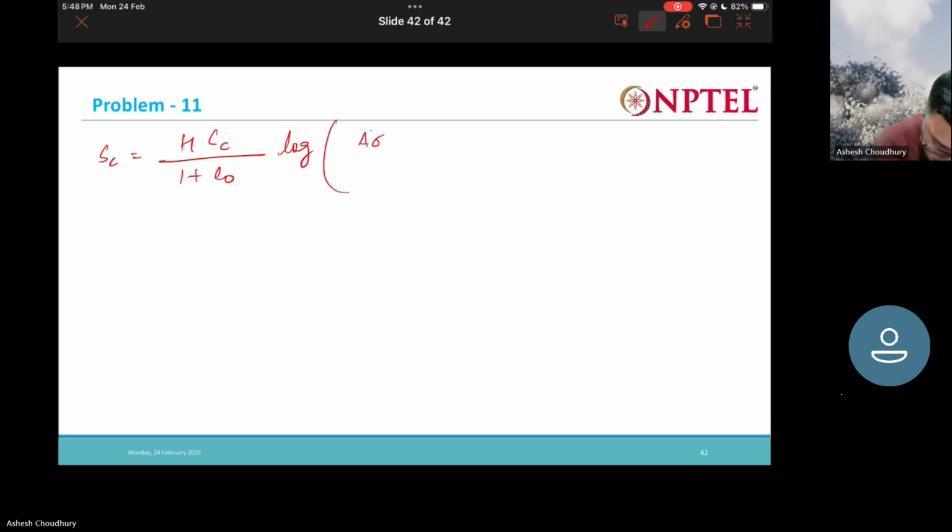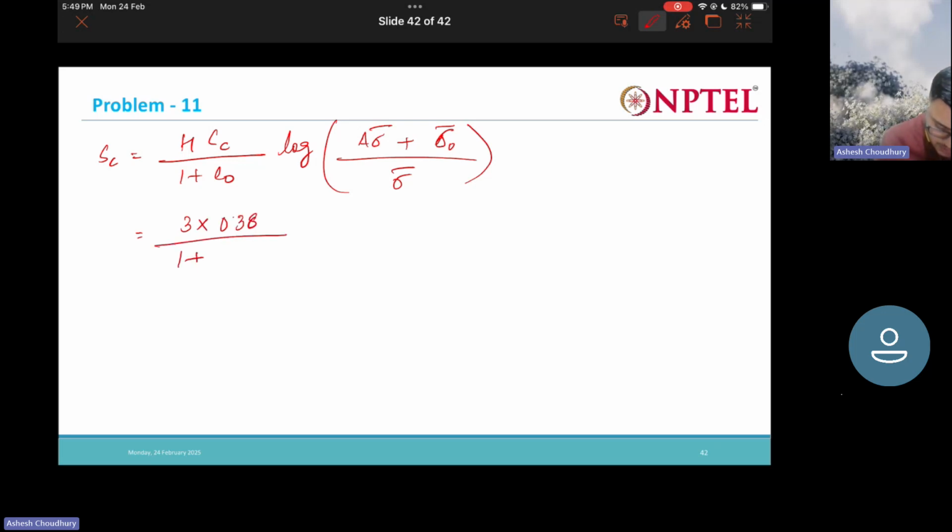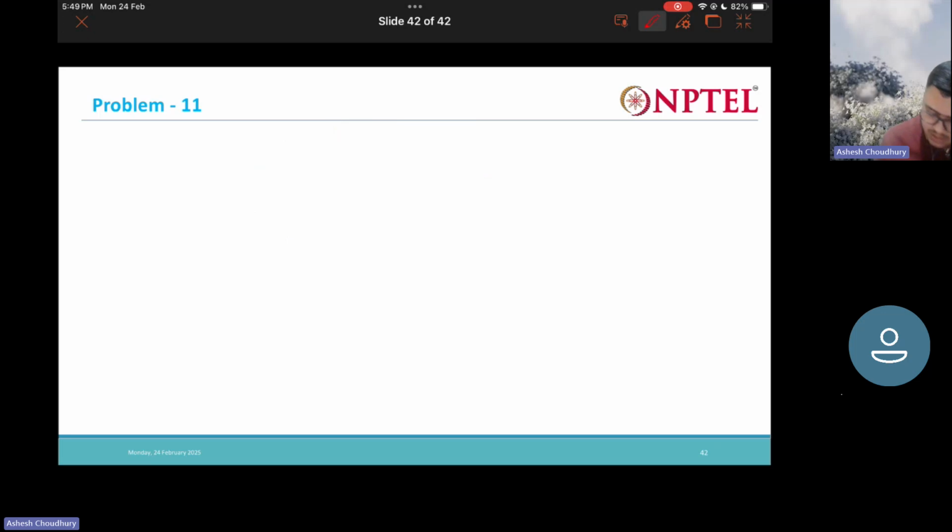Now finally I can use my equation with the log. It's a 3 meter thickness of clay layer. This is given as 0.38. I got e naught as 1.05, right?